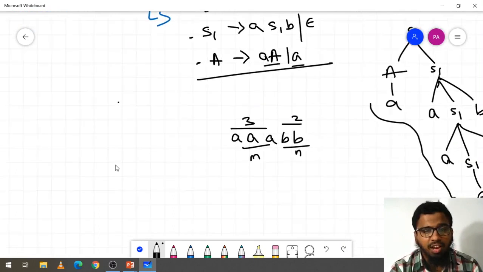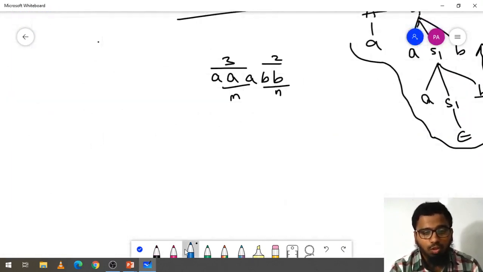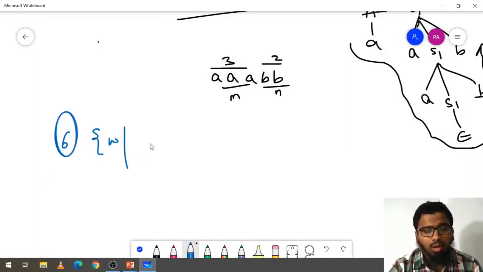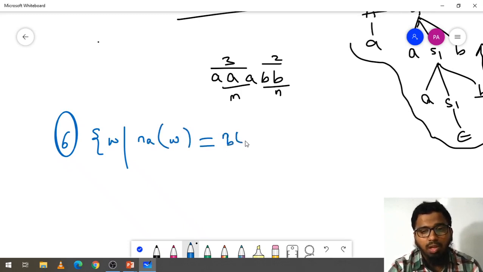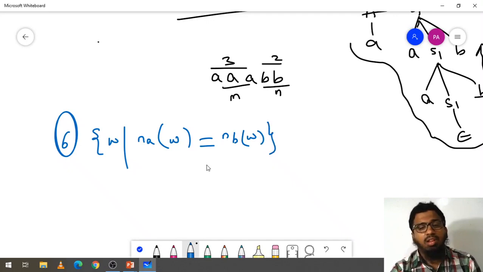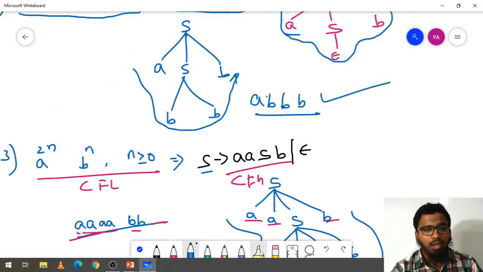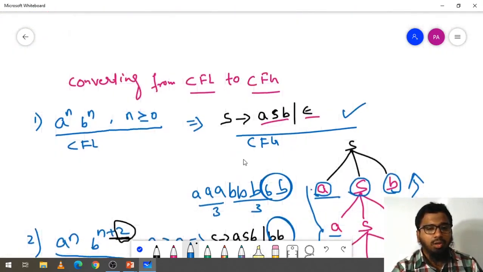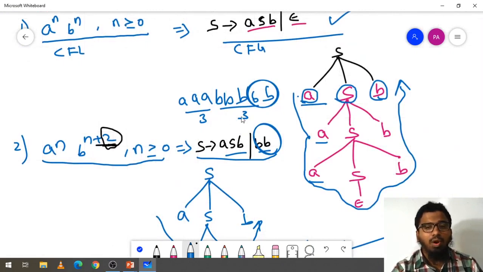Now we will see another example, the sixth one. Here the number of A's in W equals the number of B's in W. Like in the previous one, we were getting an equal number of A's and B's.